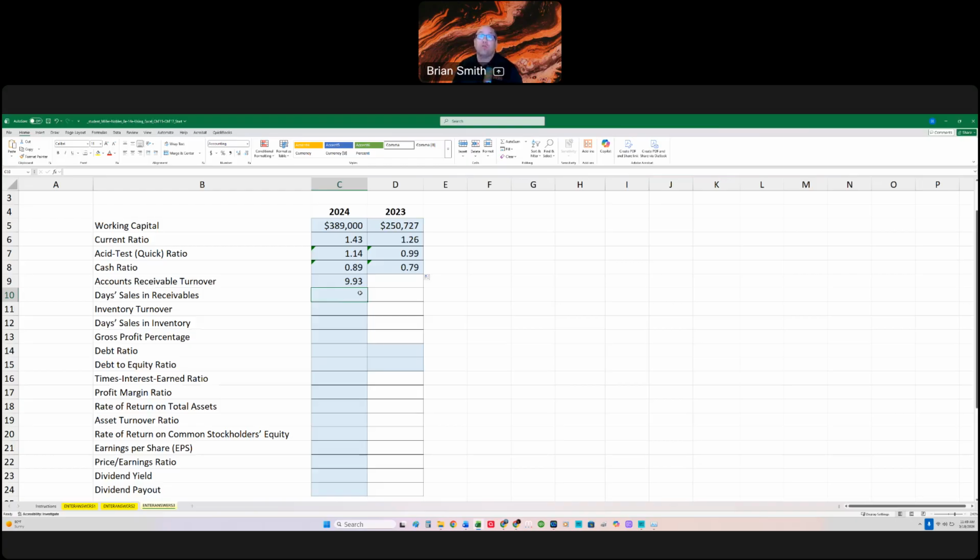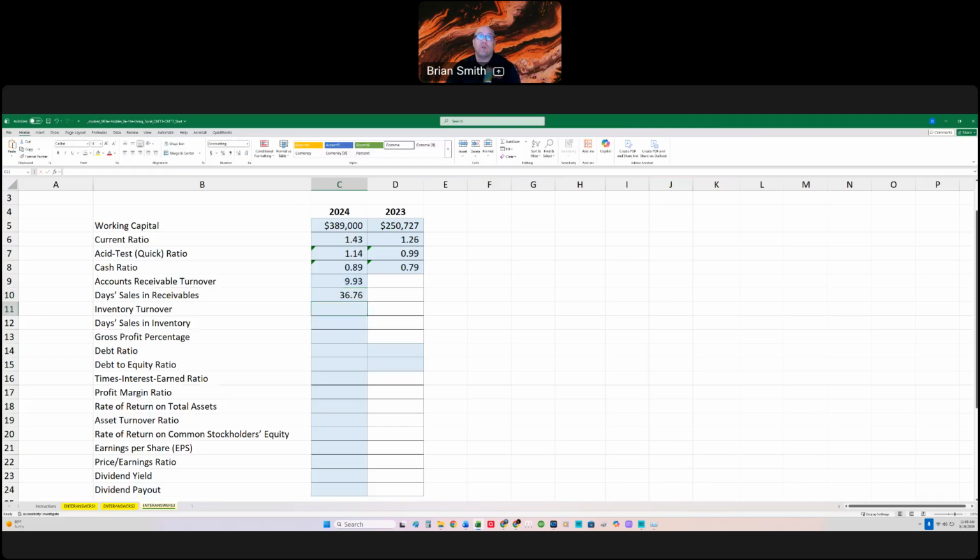We're going to take 365 and we're going to simply divide that by the accounts receivable turnover ratio, C9. Oh, I got to put equals. There we go. So I'm taking 365 and dividing it by this number right here that we just did.